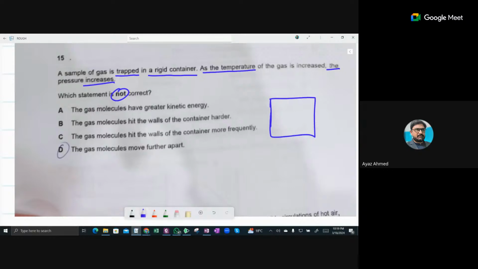The gas molecules have greater kinetic energy: yes, when temperature increases, kinetic energy increases. The gas molecules hit the walls harder: it would have more change in momentum, so it is possible. The gas molecules hit the walls more frequently: yes. The gas molecules move further apart: no, you are right, because there is no space. Moving further apart would mean their volume increased.